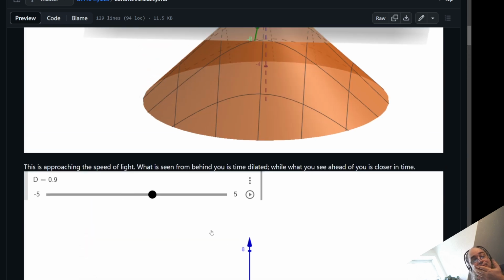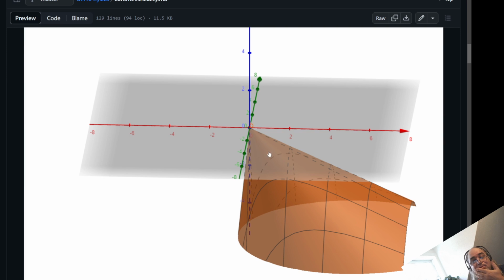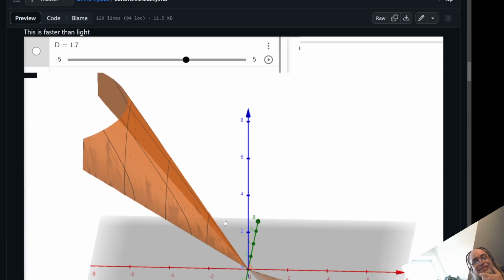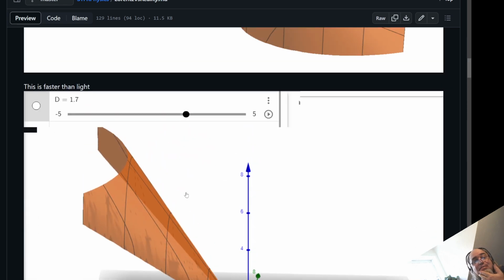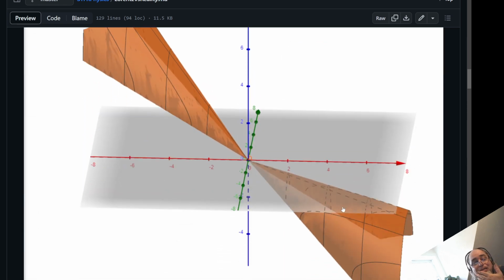If you're moving at 0.9, 90% of the speed of light, then the cone you see is more like this, and things behind you cover more space in less time. This function even goes faster than the speed of light.